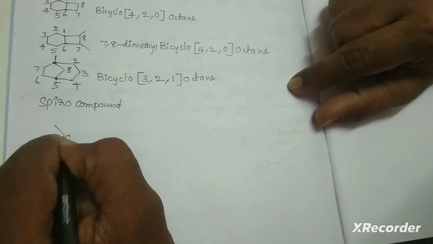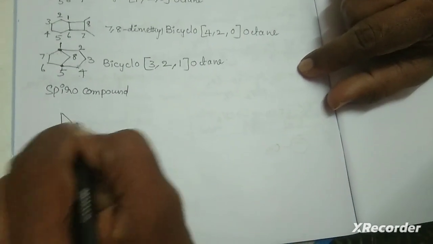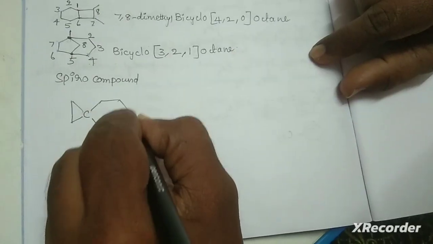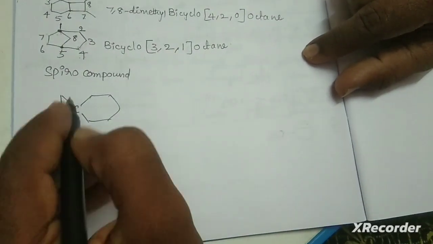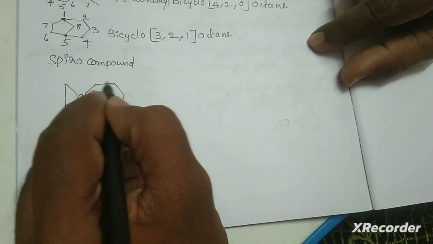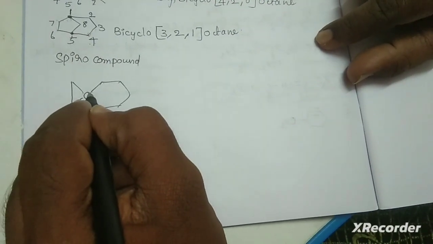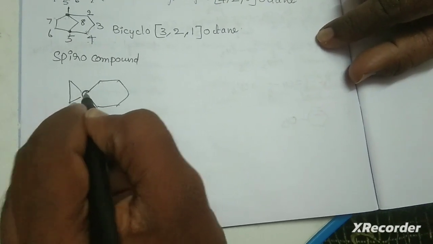For example, here this is one ring and this is one ring, both connected with a single carbon atom.